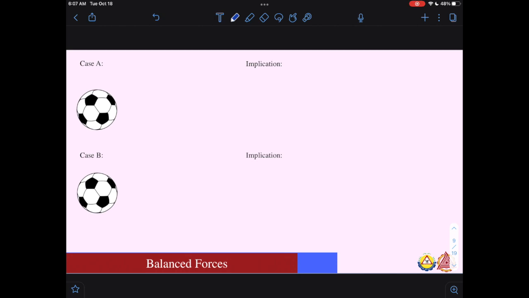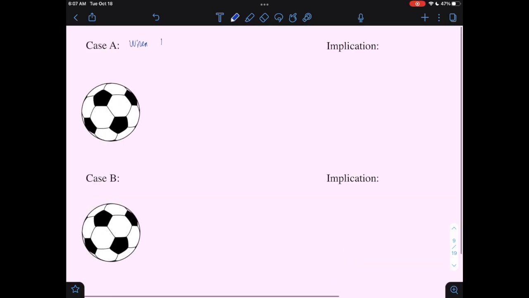Now, let's apply that, the same concept but in a different context. As you can see in this illustration, I think this is a soccer ball. Let's deal with the first case, when the friction, which is a force I will denote by F sub f, and F applied are equal.